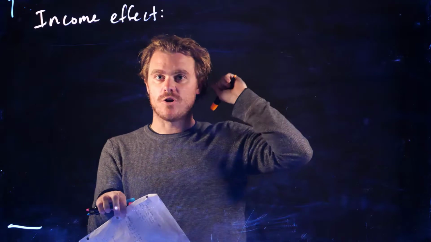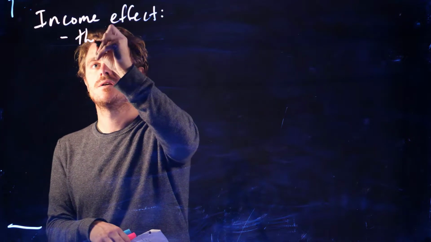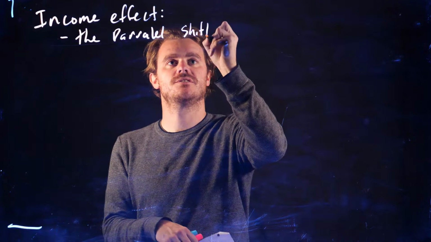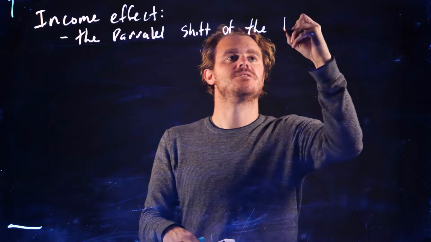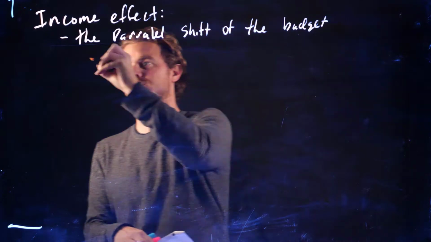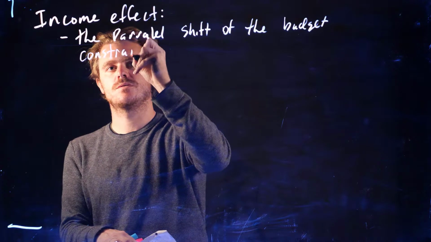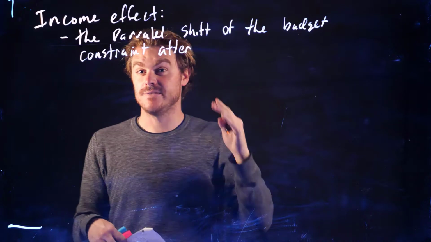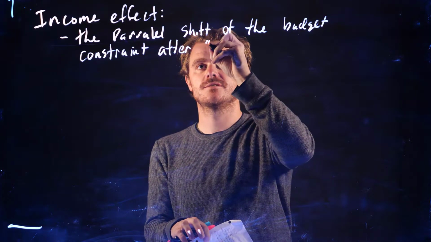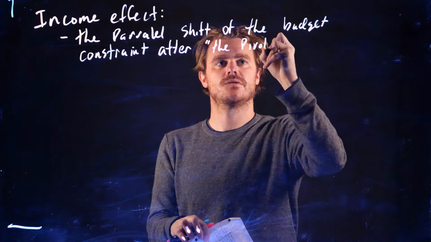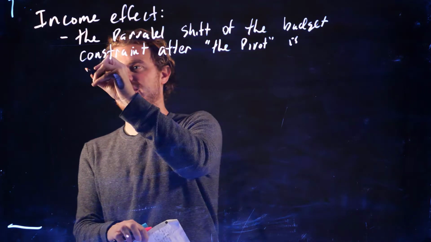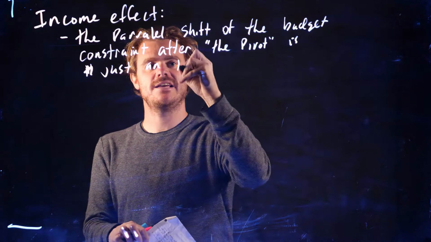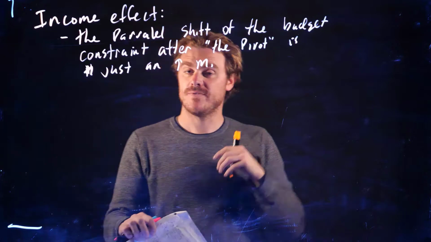And so as we saw graphically, the parallel shift of the budget constraint after the pivot to change the relative prices is just an increase in M. We've seen that before, right?